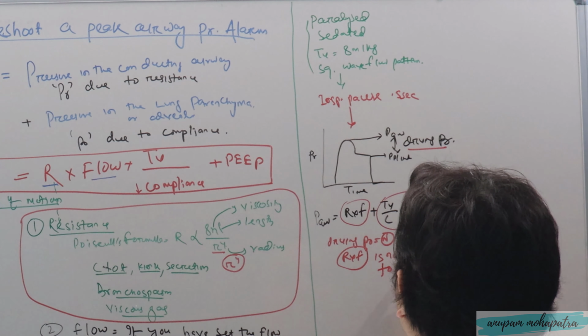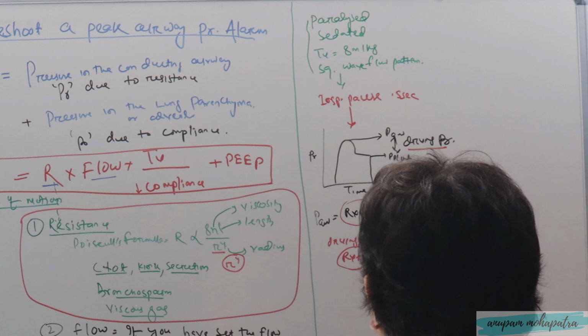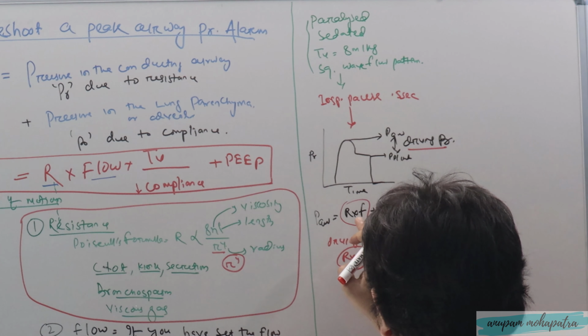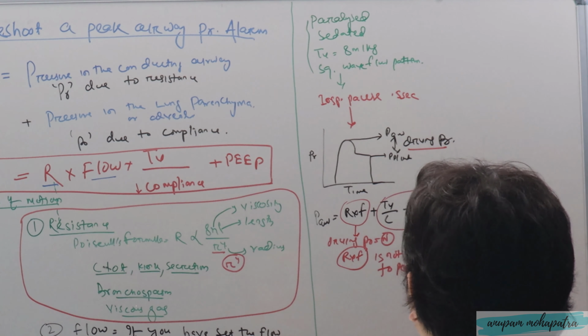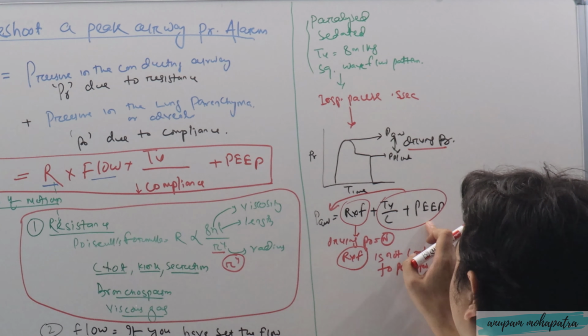is not contributing to peak airway pressure. However, if it is not contributing, then who is contributing? This is contributing to peak airway pressure. So your differential becomes narrowed down, right?